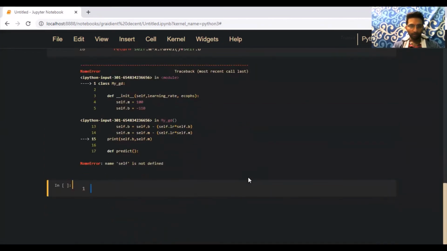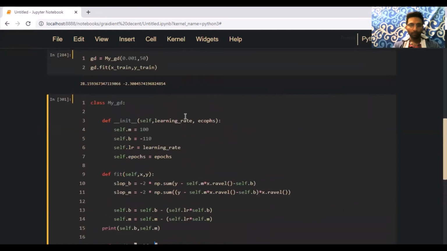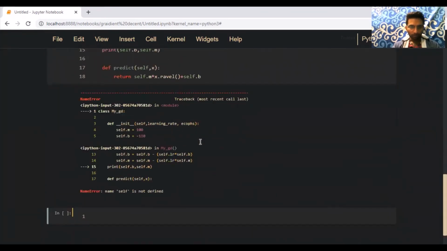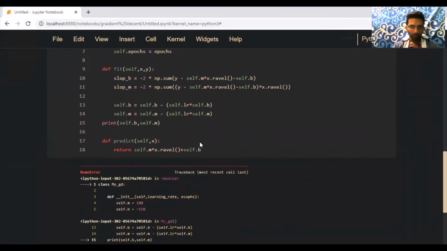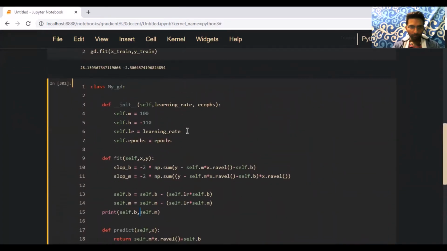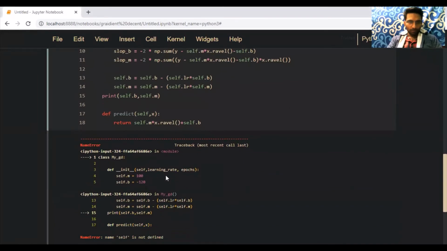Okay, it is giving me an error: name self is not defined. Oh, sorry, I have not defined it. Self comma, here my x will come, here my y will come. So it is coming self.